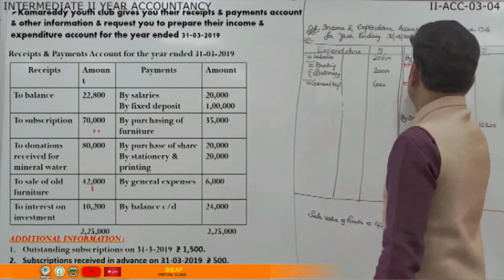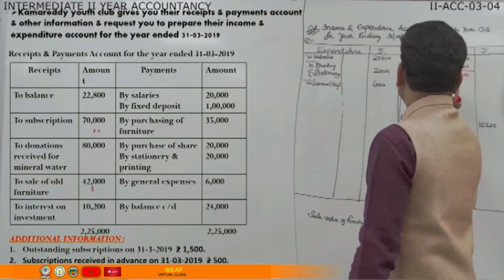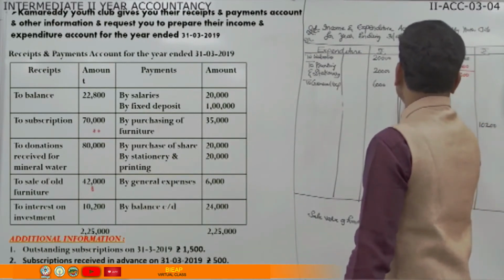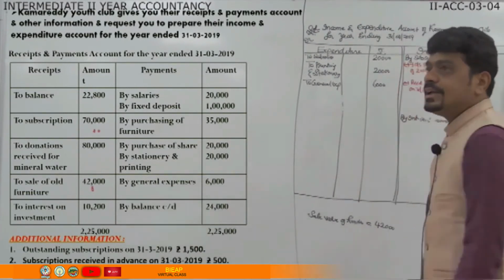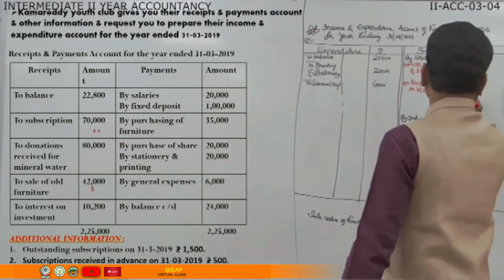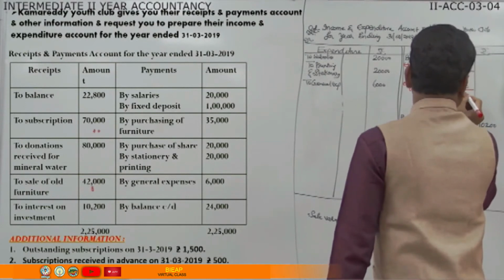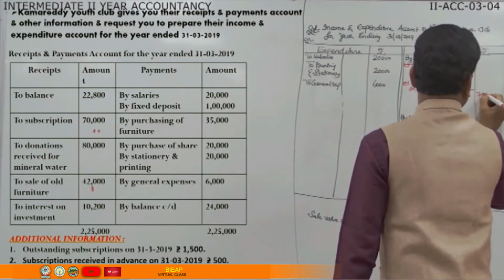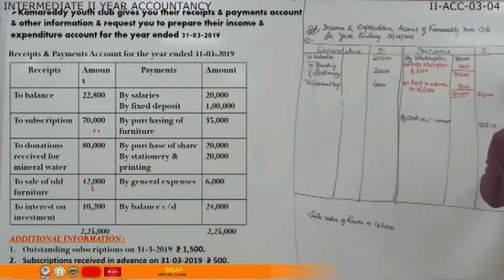So minus received in advance for 31st March 2019, 500. I'll subtract 500 and get 71,000. Now I can write this amount in the outer column, 71,000.